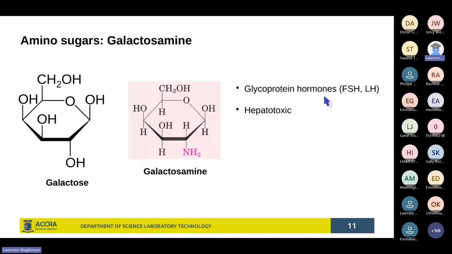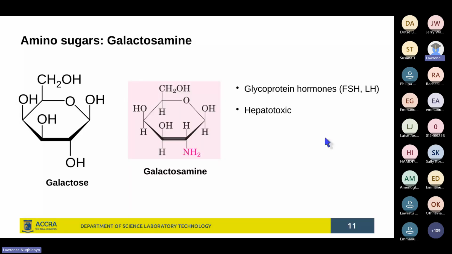I don't know if along your course you do something with the endocrine system, some fundamentals of endocrinology. You will come across some of these hormones, which are peptide hormones. This particularly is a glycoprotein hormone, which means it's a combination of galactose, which is a monosaccharide or carbohydrate, with some proteins bonded together in that complex, giving you these hormones.